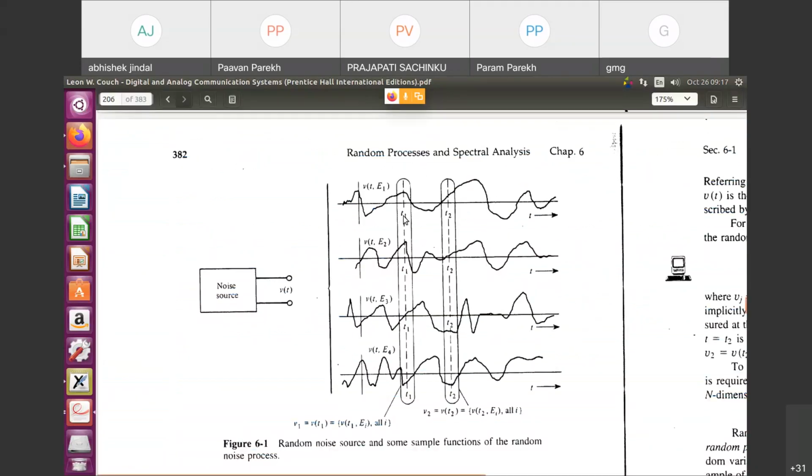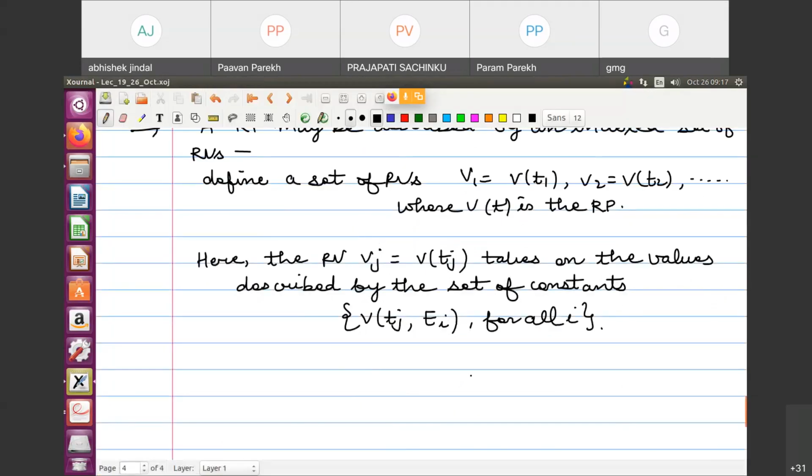Let us say at a particular value T1, for E1 the value is this, for E2 the value is this, for E3 the value is this, and for E4 the value is this. And this E, that is the sample space to which E belongs, how many elements are there depends on that. So you collect all those values. So the random variable can take values from this set.